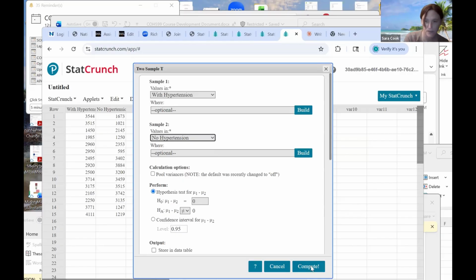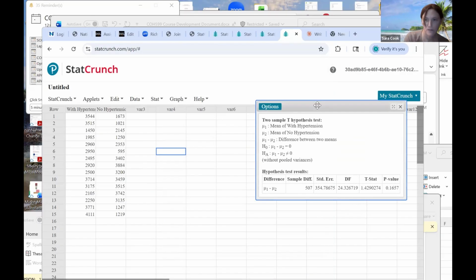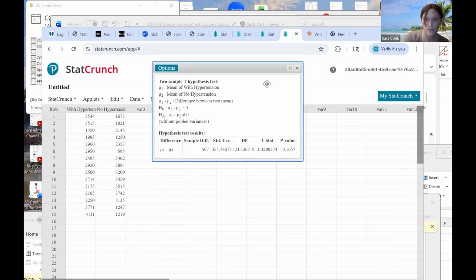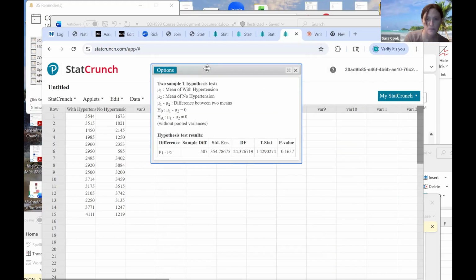Okay, so let's go ahead and compute that. And again, we're doing what's called a t-test for the difference between two means. And okay, so we're subtracting mean 2 from mean 1. So we're subtracting the no hypertension from the with hypertension. So a positive value means that, let me make sure I get the logic right on this because this can be a little tricky.